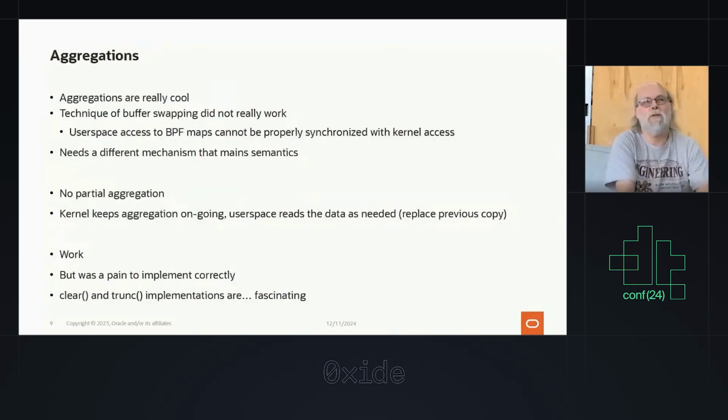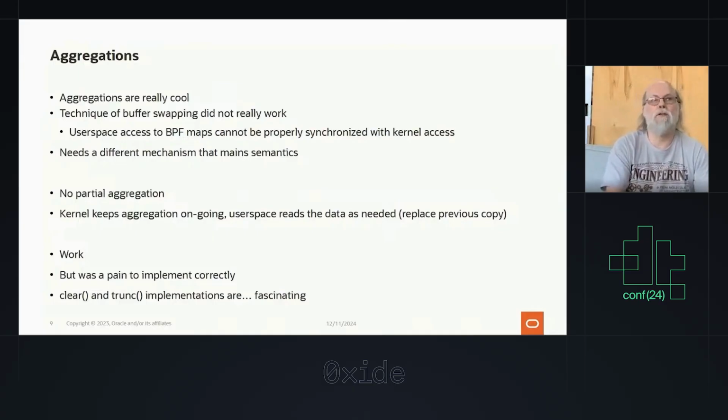Aggregations, really good feature in dtrace. Was a pest to implement, because the way it was working before in dtrace, the kernel is aggregating this data, and then when user space is ready to use it, or in a timely fashion, it would read it, which generally would result in a buffer swap, and then it would be further aggregated in the consumer, in user space.